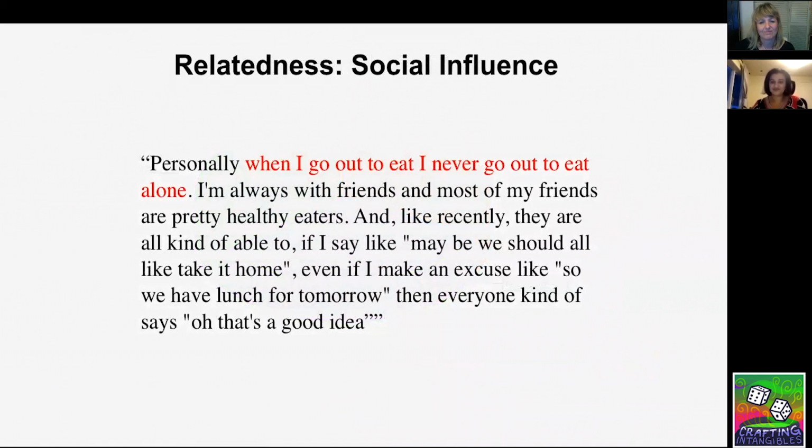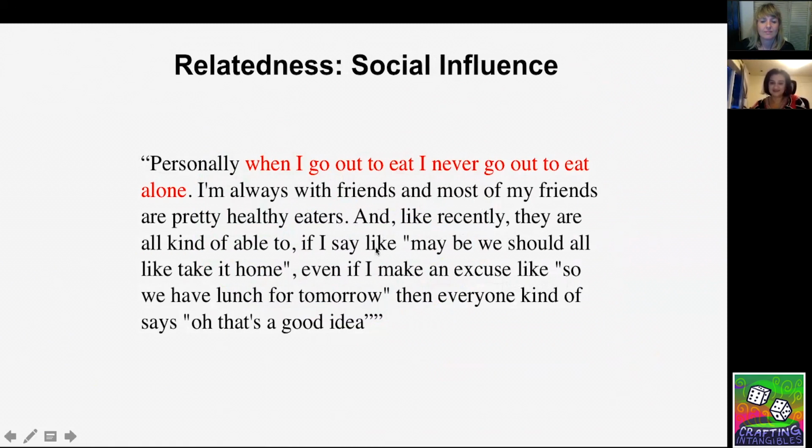In terms of the social influence, we found actually a lot of people saying that they wanted more of that. This is one person who said, personally, when I go out to eat, I never go out to eat alone. I'm always with friends, and most of my friends are pretty healthy eaters.